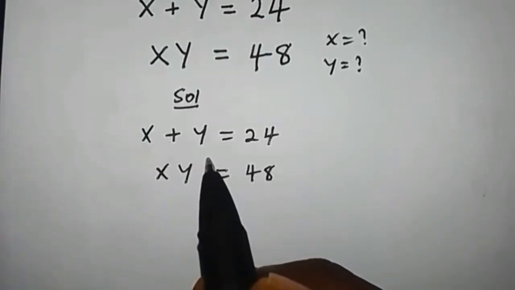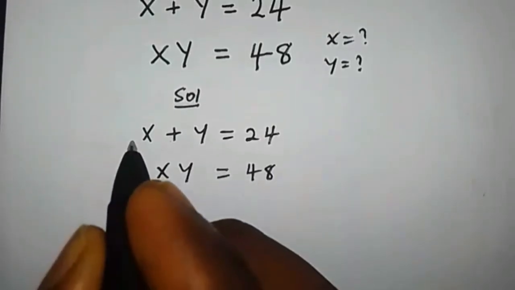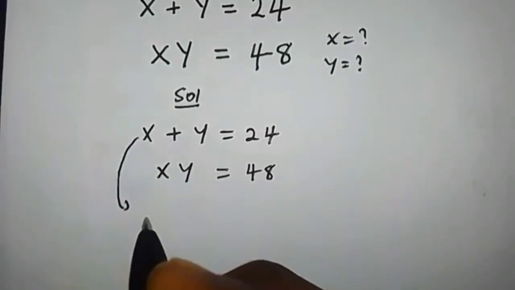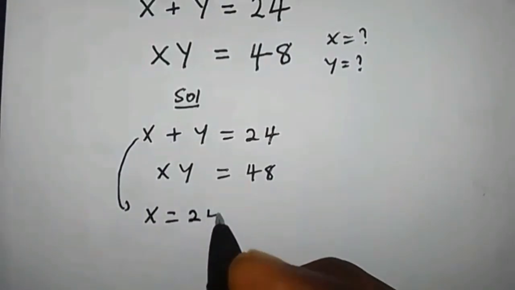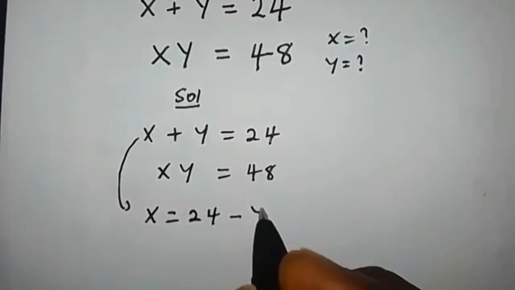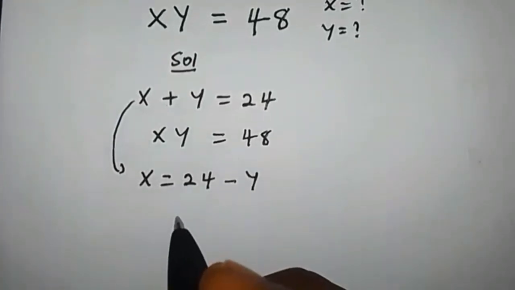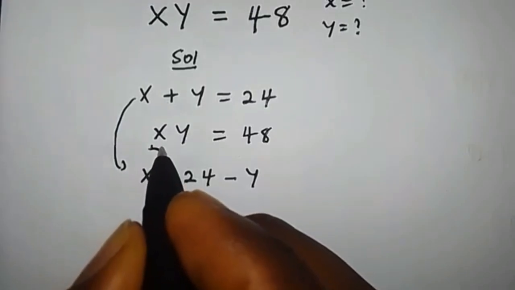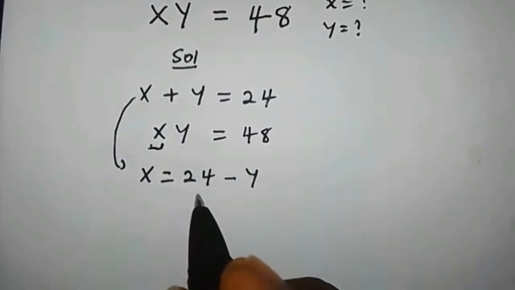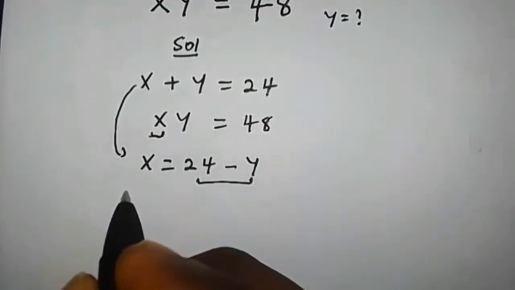If we move y to the right hand side, this becomes x equal to 24 minus y. The next thing we have to do now is to replace this particular x with 24 minus y. So let us do that.